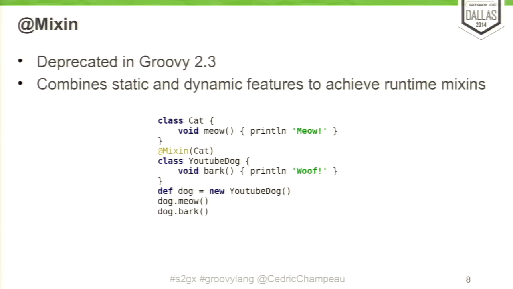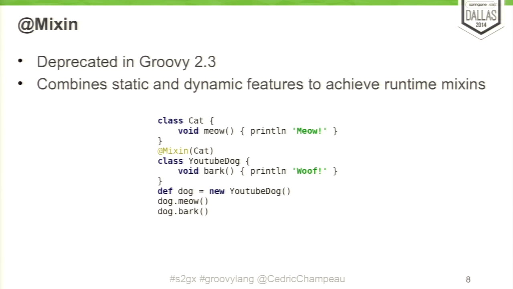But what if that YouTube dog could meow, so behave like a cat? I want to do that. OK, so I do mixin cat. And then I can call both the meow method and the bark method on the dog. I have just mixed two distinct classes into a single object.